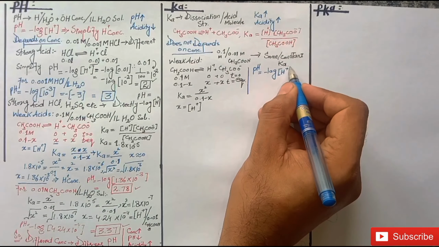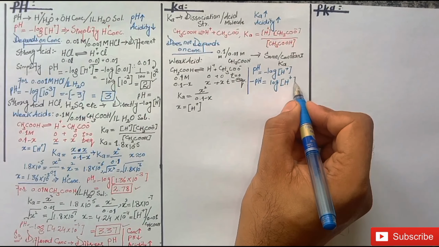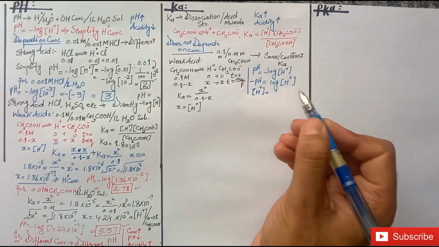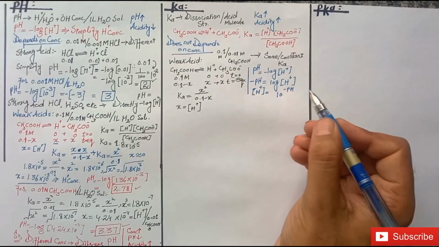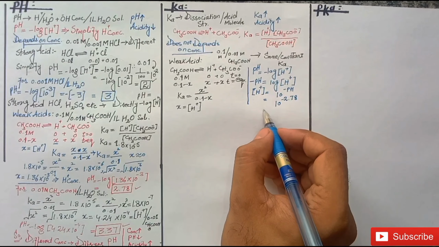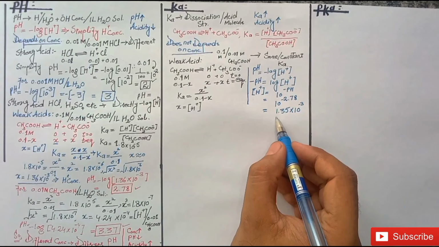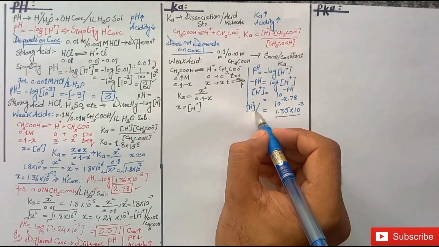As we know that pH is the negative log of hydrogen ion concentration, we can rearrange this equation and write it as follows. This is the rule that log is the reverse of power 10, so we can write it as follows. Now by putting in the value which we have calculated, we can find out the concentration of hydrogen ion, which is 1.35 cross 10 power minus 3.